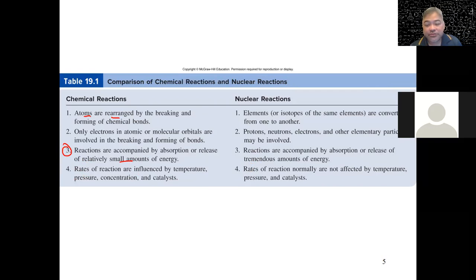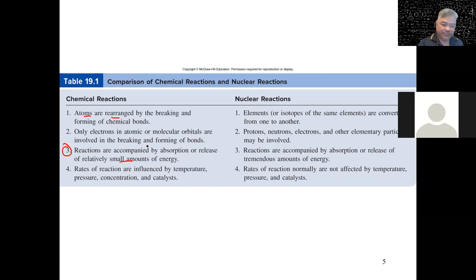That's why it's a good source of energy and unfortunately a good weapon of mass destruction. So I think that's the main difference between the two. You can produce a tremendous amount of energy by just using a nuclear reaction.